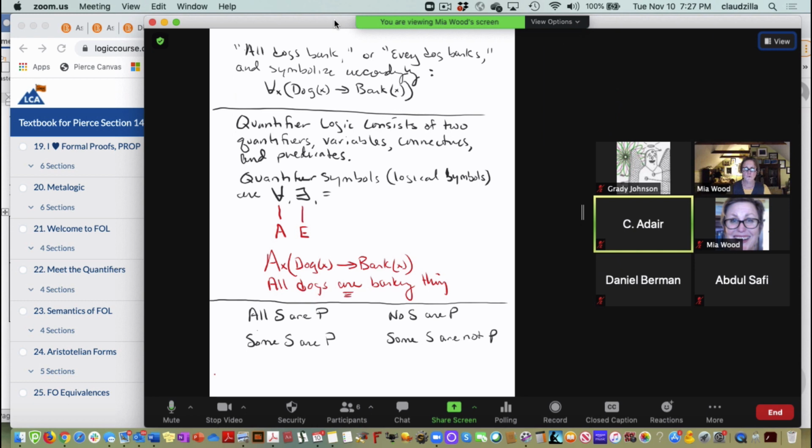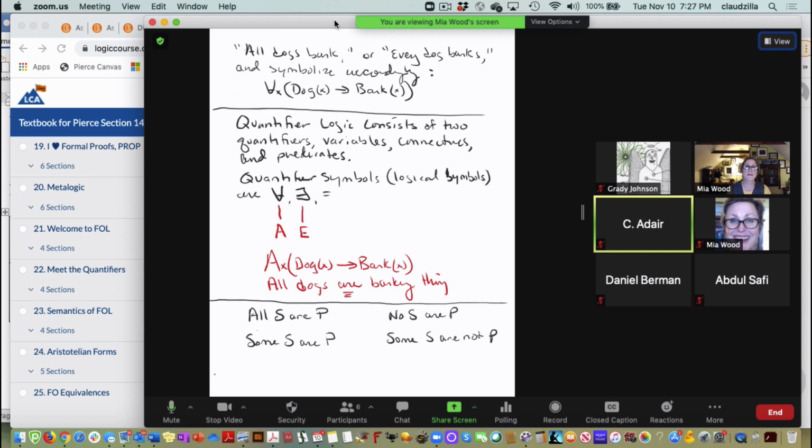You'll notice that the 4 that I've written, all S are P, no S are P, some S are P, some S are not P, get translated into quantifier logic notation in terms of the aforementioned quantifier symbols, the universal, the existential, but also conditionals, negations, and conjunctions. You'll see that in just a moment.